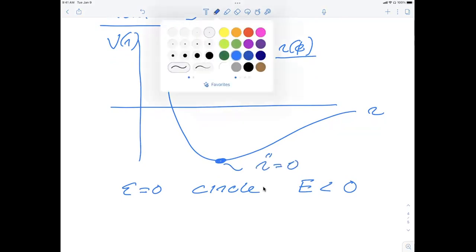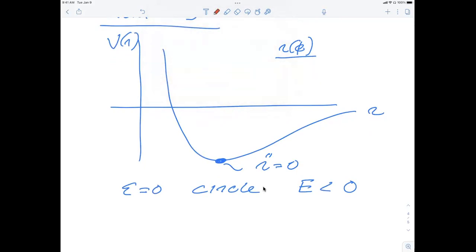Then the next thing we are going to see is if we place ourselves here, this was the R min which we found. And then we have the R max here. So this is going to correspond to 0 less than epsilon less than 1. And this is going to be an ellipse.